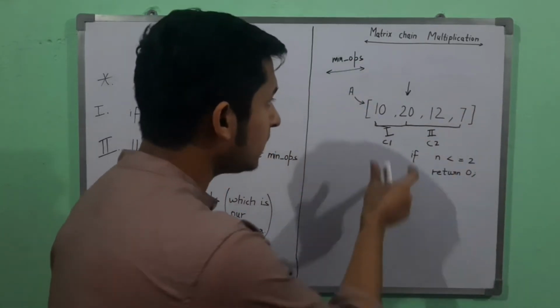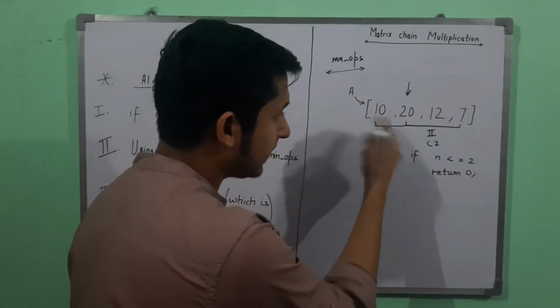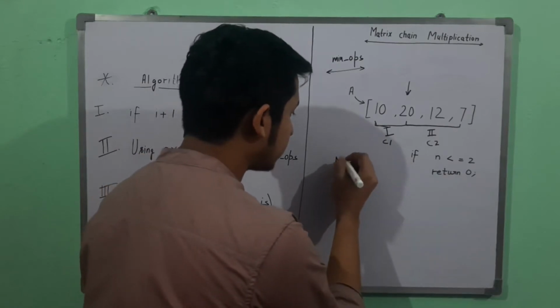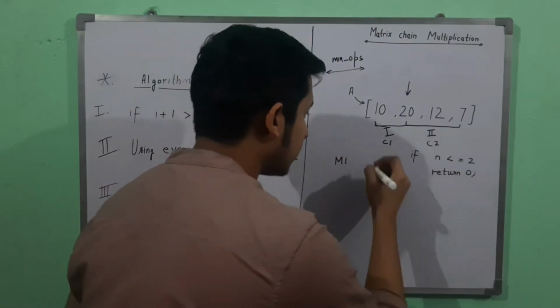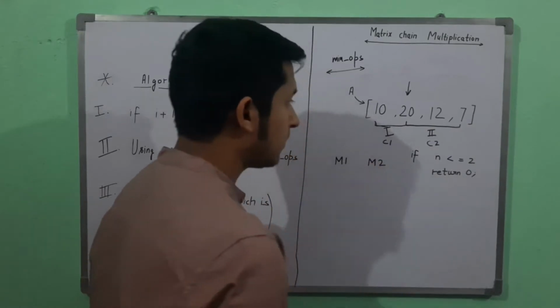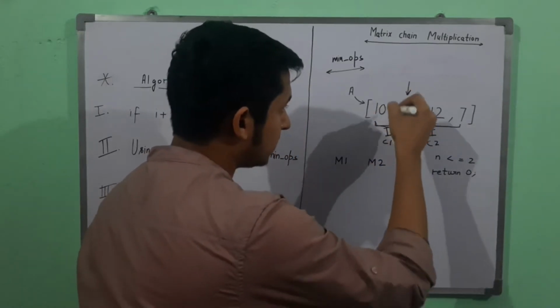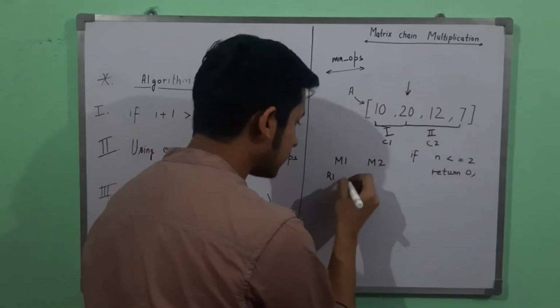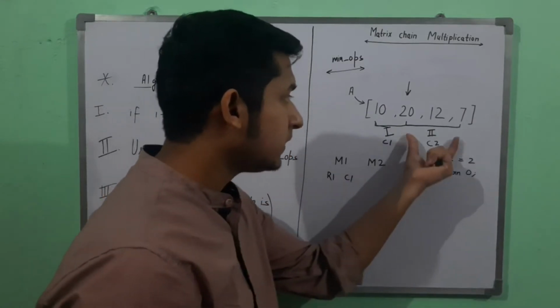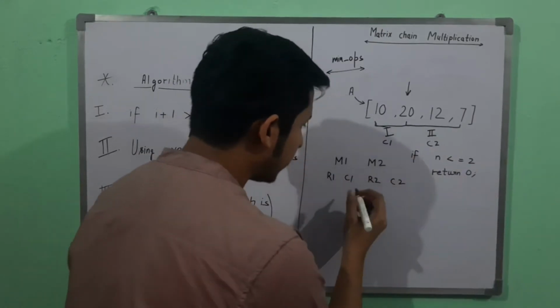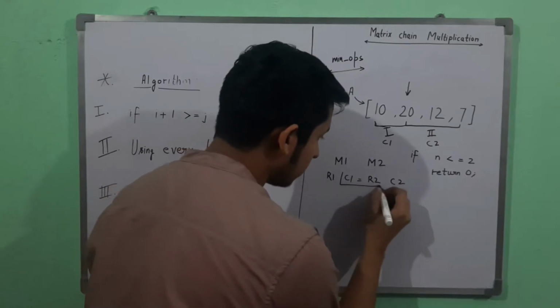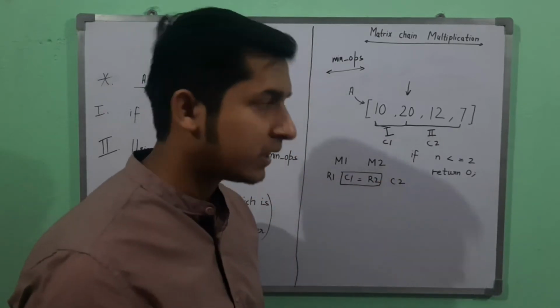After solving the left part, I'll get matrix 1. After solving the right part, I'll get matrix 2, and this will have dimensions R1 C1, this will have dimensions R2 C2, where basically C1 and R2 are equal, the obvious condition for multiplication.